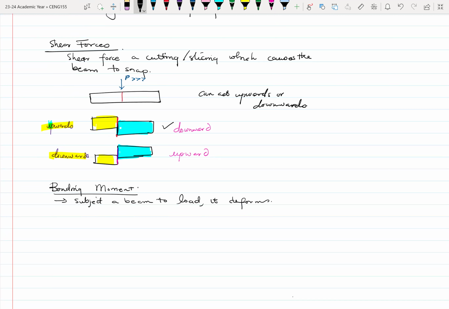So again, if you have this bar, or this beam, for example, it's not a bar, it's a beam.